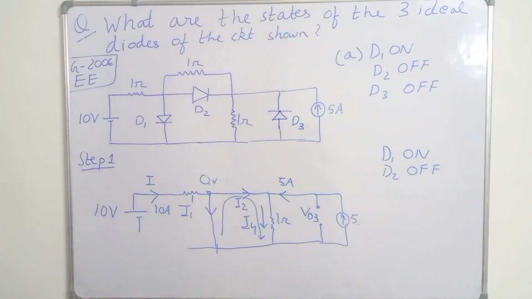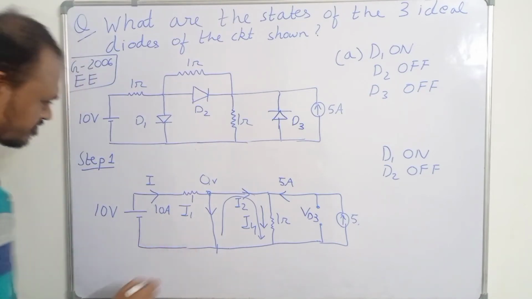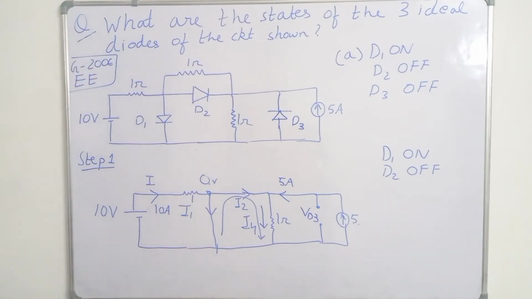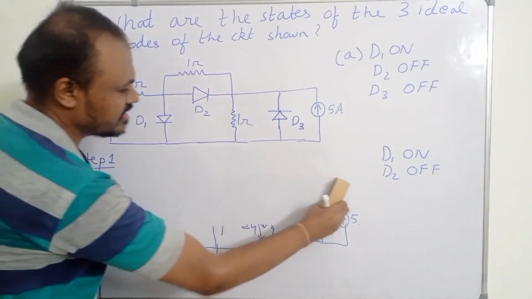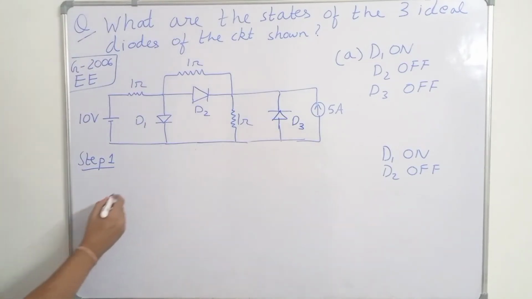So let me remove this. If D2 is off, then we can redraw this circuit like this. So let me redraw the circuit by assuming that D2 is off.